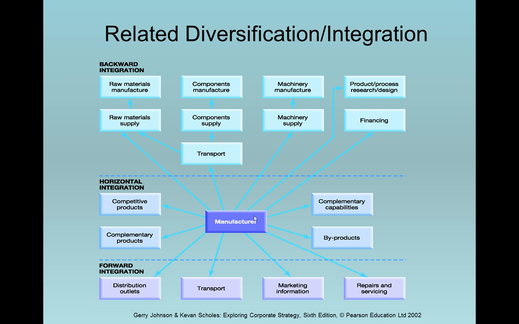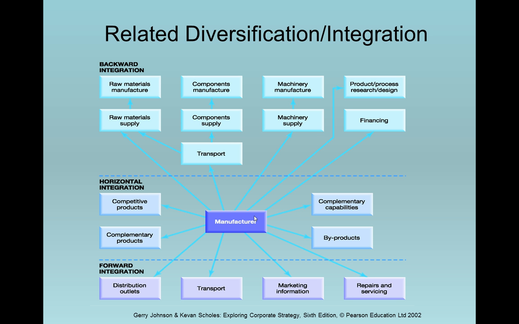Related diversification is slightly different. Sometimes you can see similarities to the idea of integration. So a business might be integrated horizontally, it might have backward integration, or it might have forward integration, or it could possibly have all three. The key to related diversification or integration is the idea that there are key links between different businesses within the portfolio.